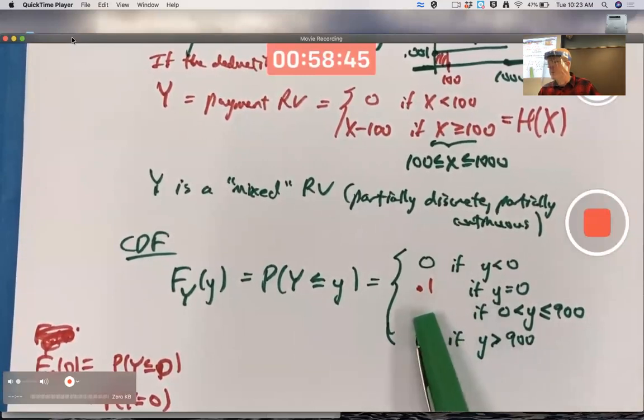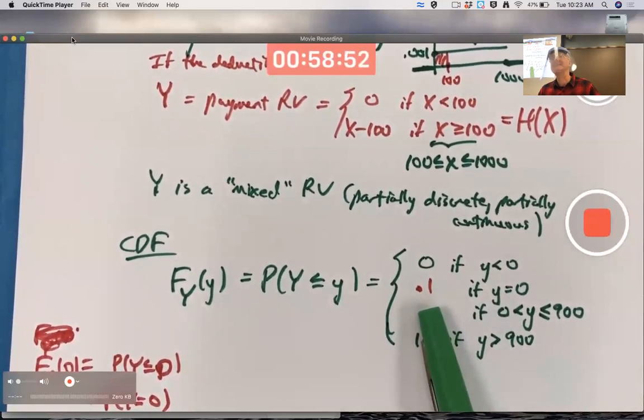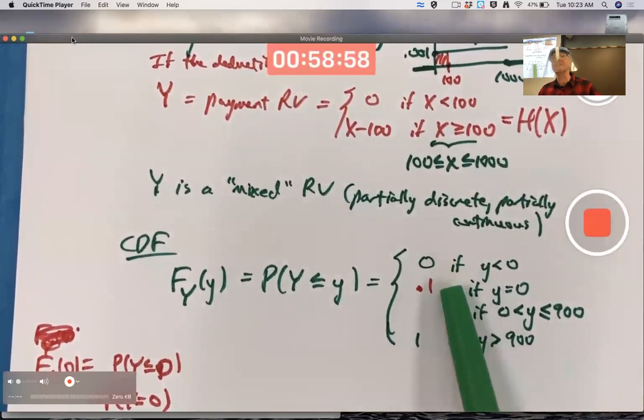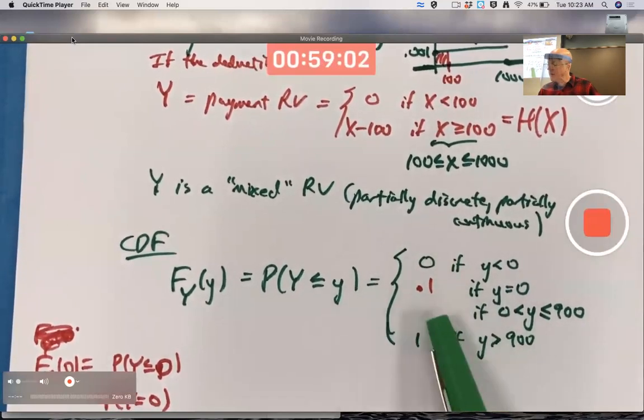In other words, whatever formula I put here will have a limiting value of 0.1 as y goes to 0 from the right. But there's a jump discontinuity in the CDF at 0. What formula will go there?